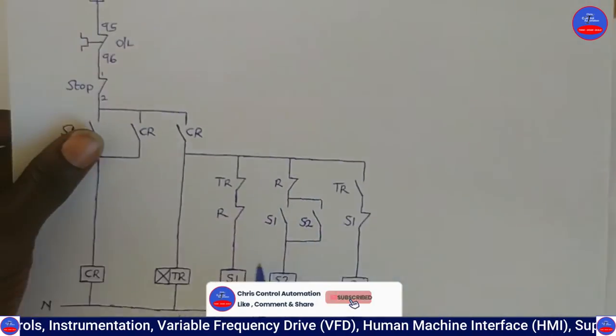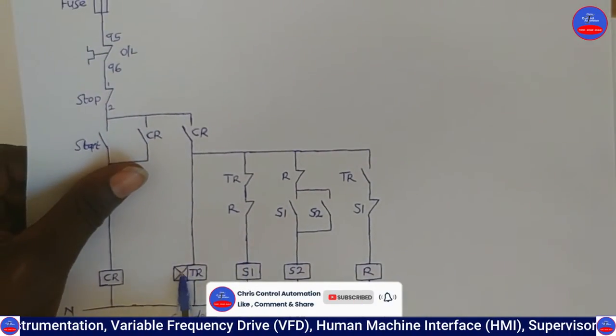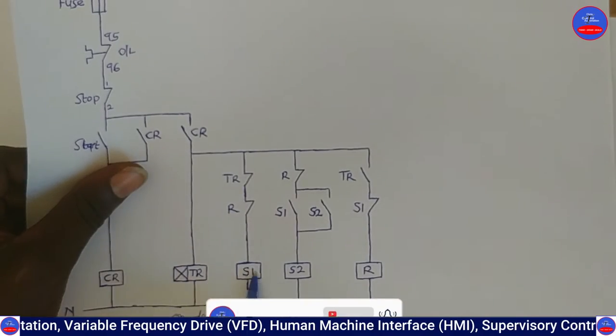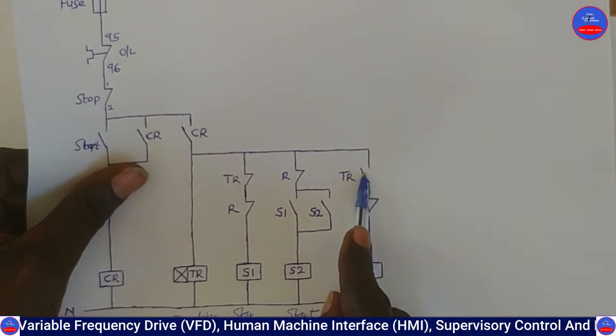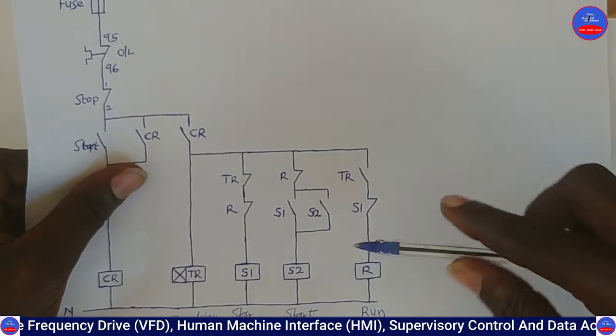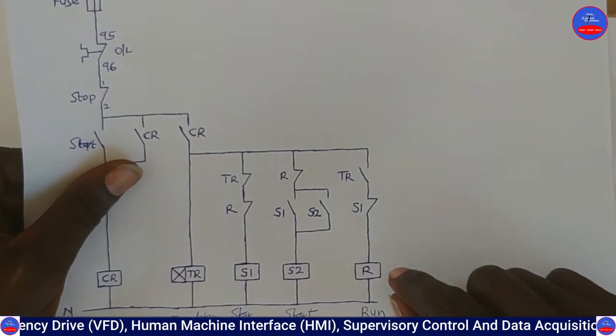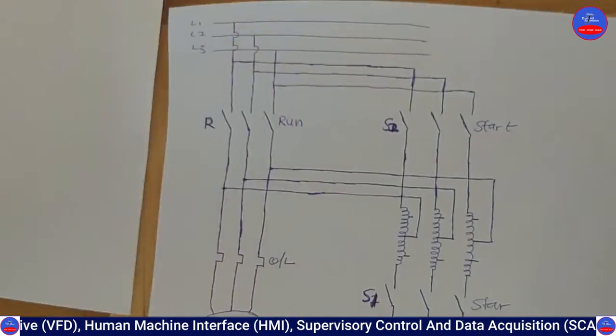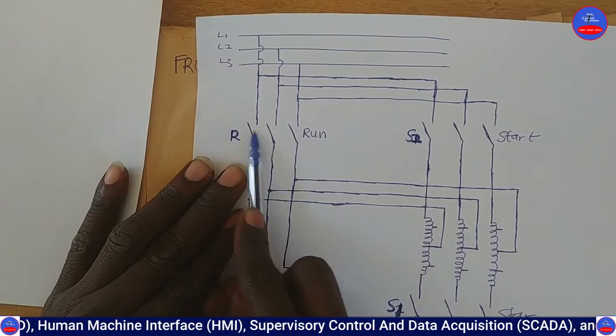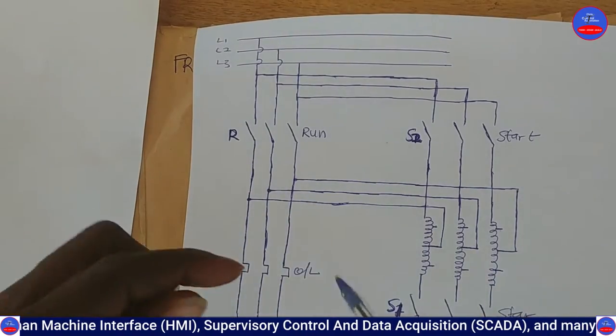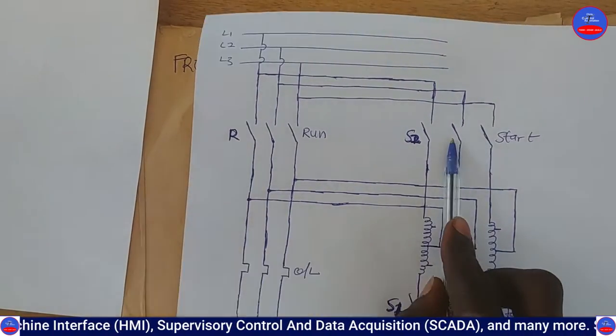So when the timer contact opens to de-energize the S1, this side will close to energize the run contactor. Let's see what happens here. When the run contactor energizes, this side will close, but at that same time this side is still closed, it is not open.